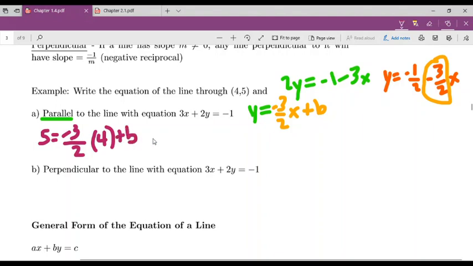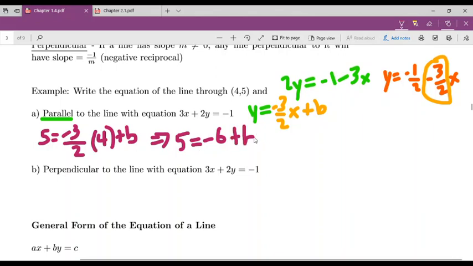Okay, so what happens is we just need to simplify for our b. So I'm going to leave the 5 alone. 4 divided by 2 is 2. -3 times 2 is -6. If you don't see that, write a few extra steps out and just simplify this -3 over 2 times 4. Okay, and then that'll be a plus the b.